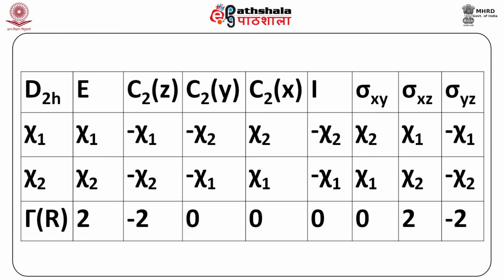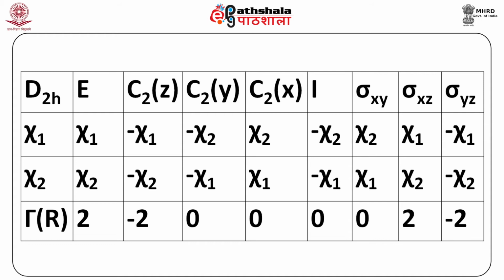Similarly, along C2y, not only does it change sign, it also exchanges position with the chi2 orbital, the other carbon atom. So it becomes minus chi2, and C2x, because it is a 2px orbital, will not change sign, but they will exchange positions, so it becomes chi2.